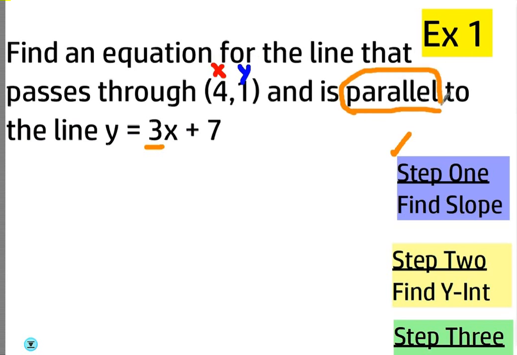We're going to do another lesson where it's perpendicular, and we know that's not the same. But since it's parallel, they have the same slope, so you don't have to make it negative. It's just whatever they give you.